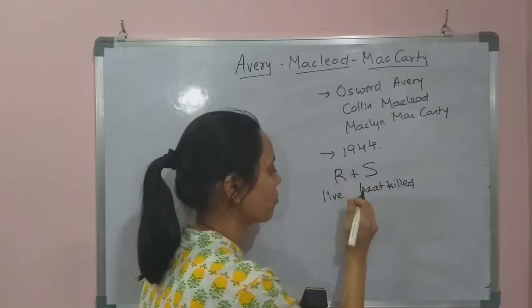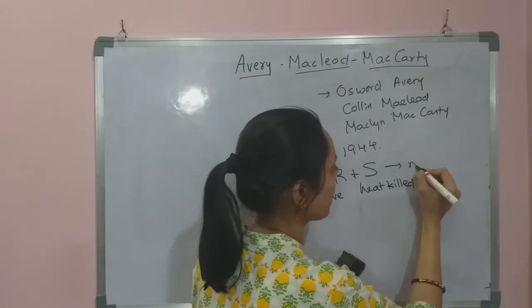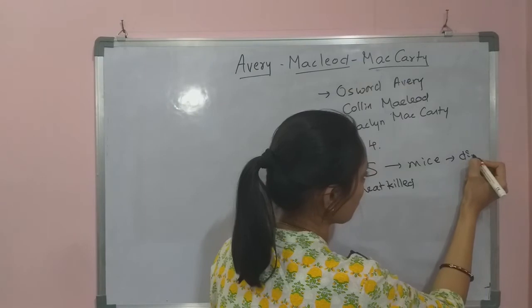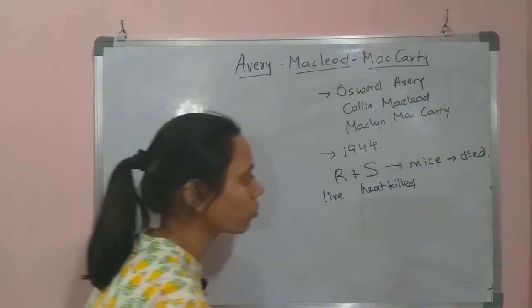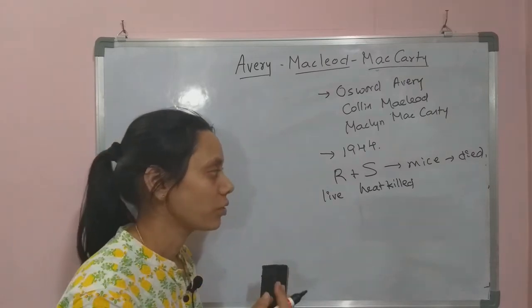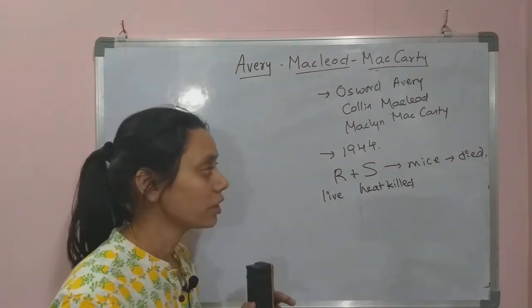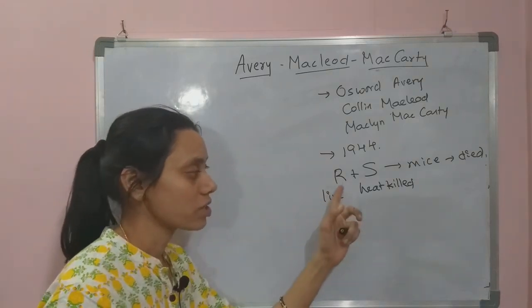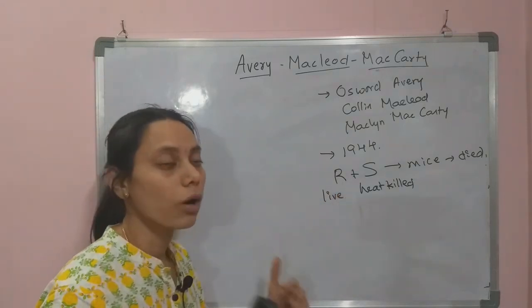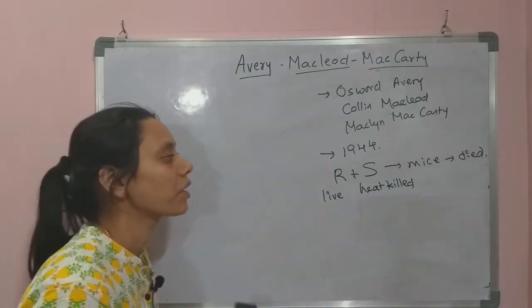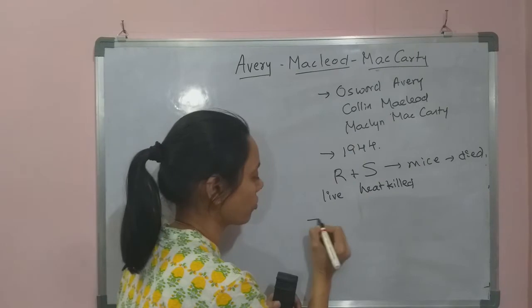When they used this combination to infect mice, they observed that the mice died. But here they wanted to know what exactly the causative agent transferred, the transforming principle, is that changed the R strain into a virulent strain and infected the mice.